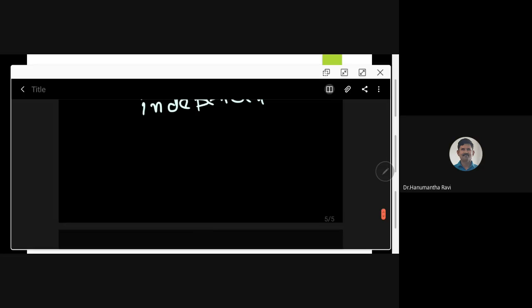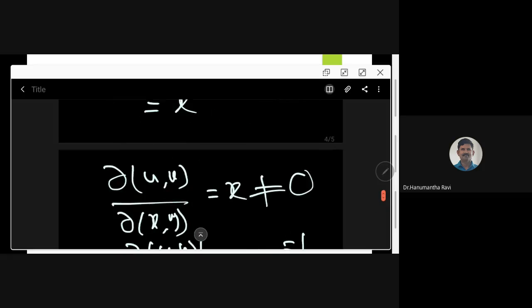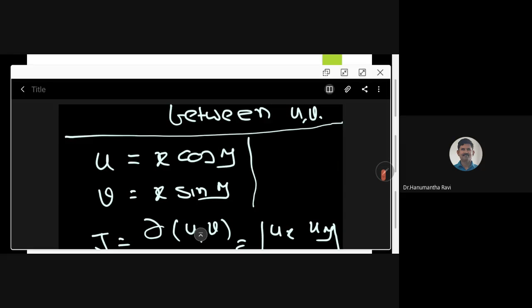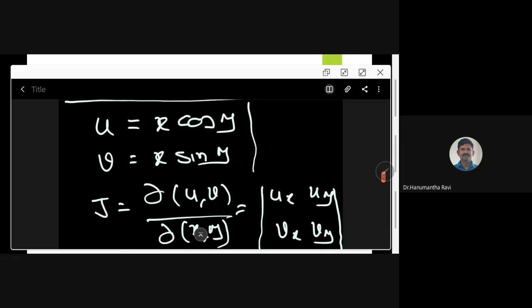See here, one more thing I would like to say. Here u is equal to x cos y and v is equal to x sin y.